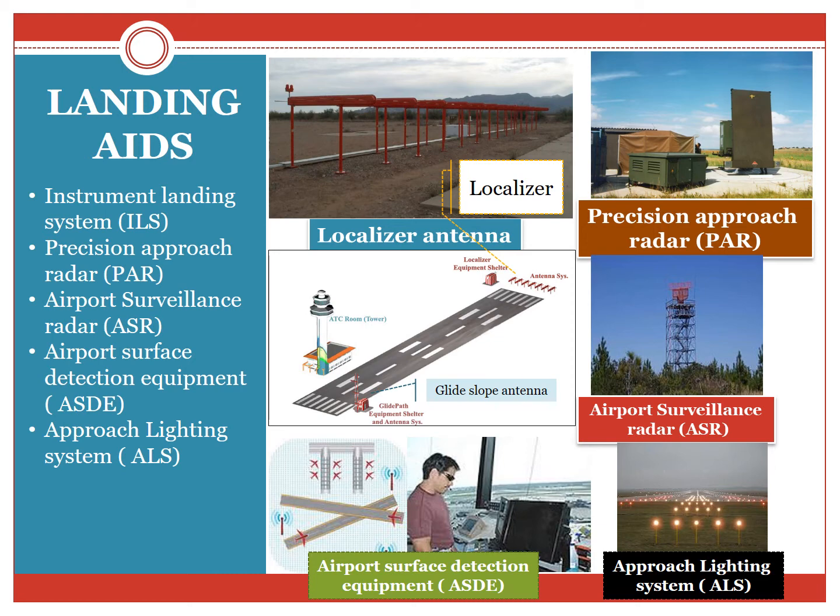So as you can see in this figure, you have the localizer antenna, then you have the PAR, then you have the ASR, and lastly the ALS, that is approach lighting systems.